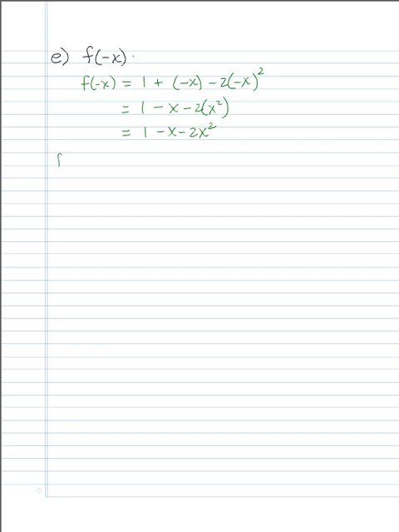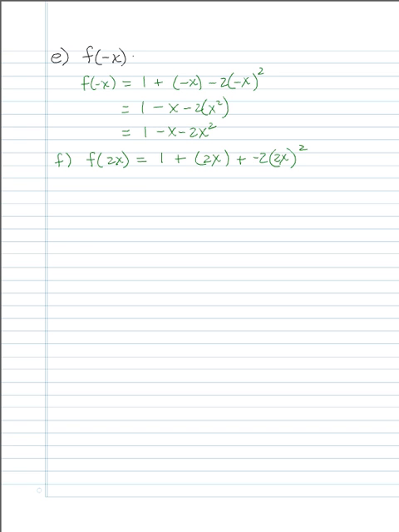Let's do this last one. Evaluate f of 2x. Well, remember what we're going to do. We're going to replace each x in the formula. This is the way the formula looks like, with our input 2x. So instead of putting an x in this position, we replace x with 2x all the way through.